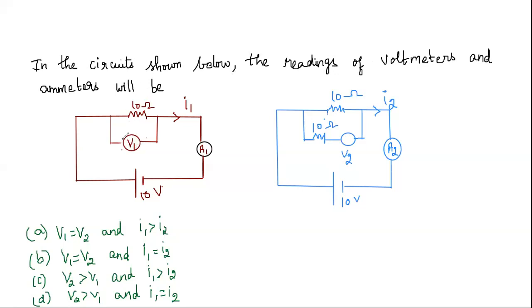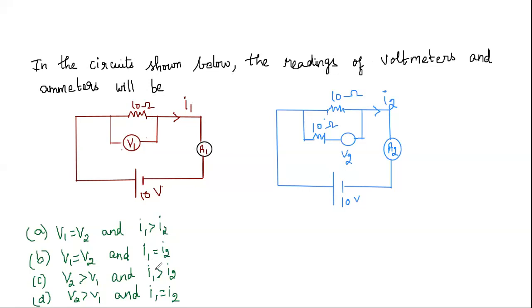That will give you the reading of V1 and the total current I1 flowing through the circuit. It will give you A1. You have to find out the relation between the two potential differences and also the relation between the two currents. This is how you need to do.